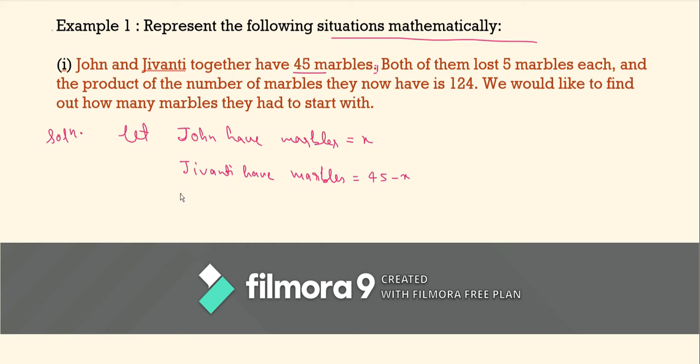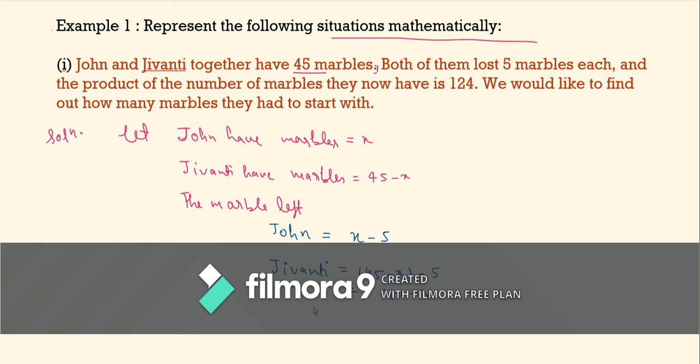Now how many marbles are left? John will have x minus 5, and Jivanti will have 45 minus x, then minus 5, which equals 40 minus x.